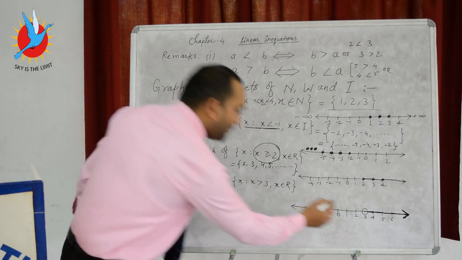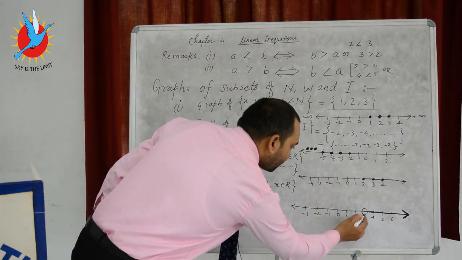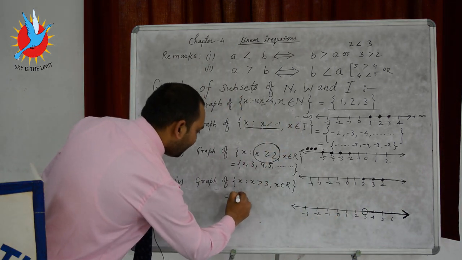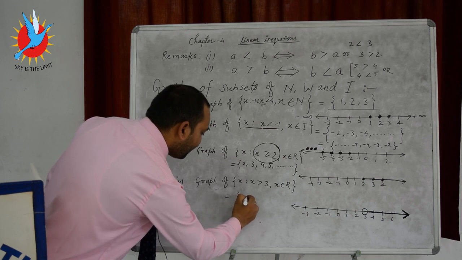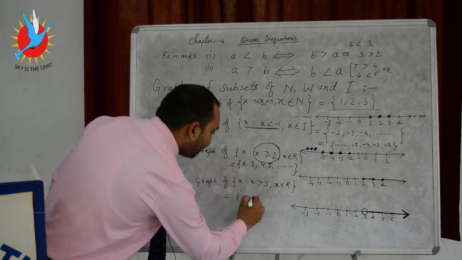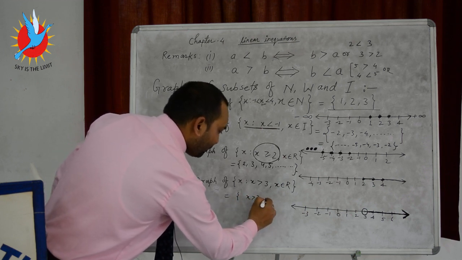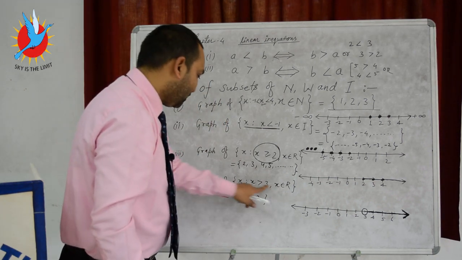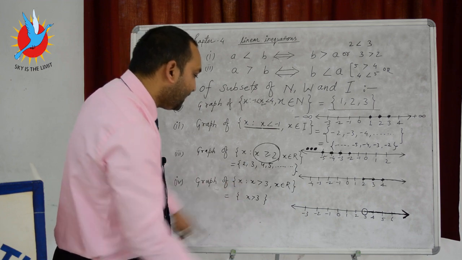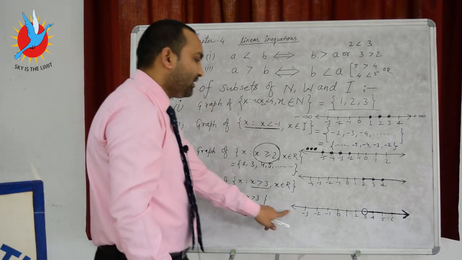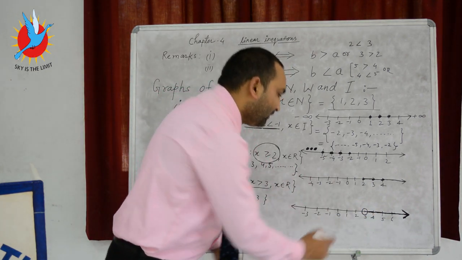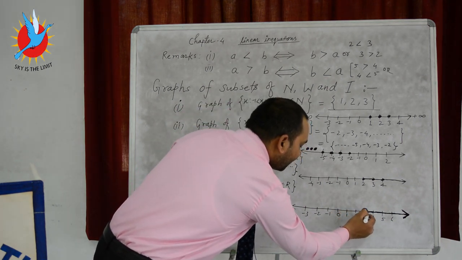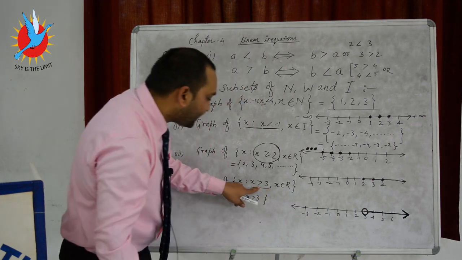So here the solution set is x greater than 3, and we represent it on the real line, excluding 3. 3 is not contained in the solution set because x is greater than 3.